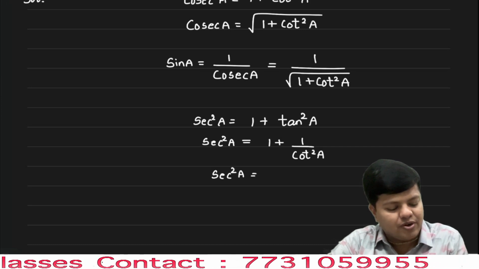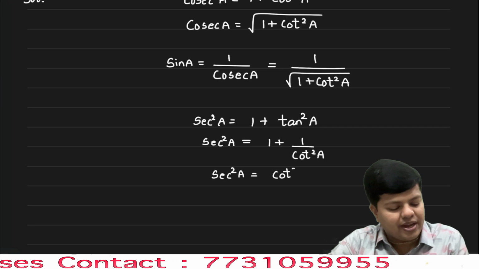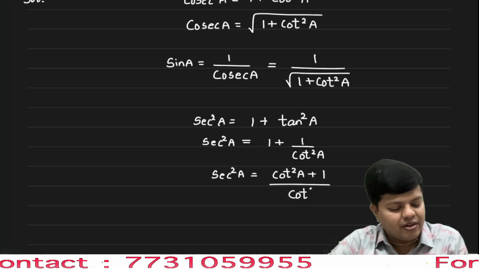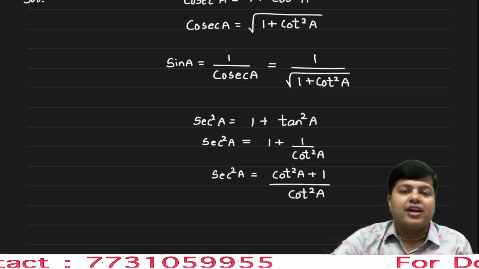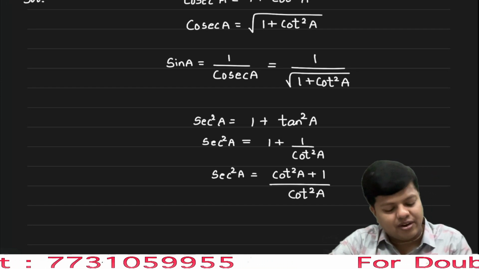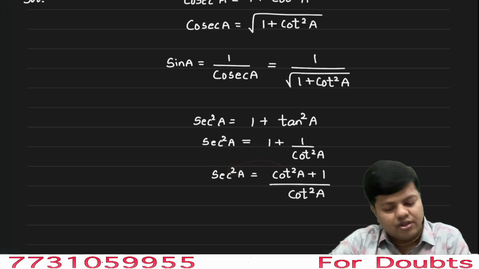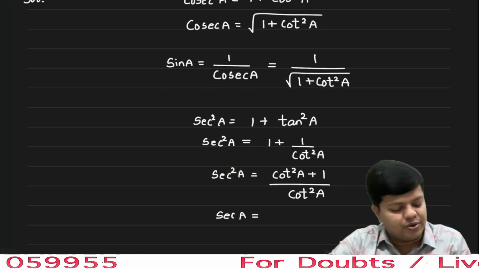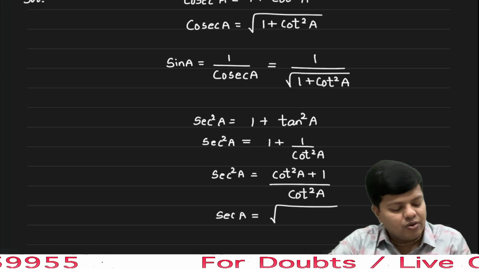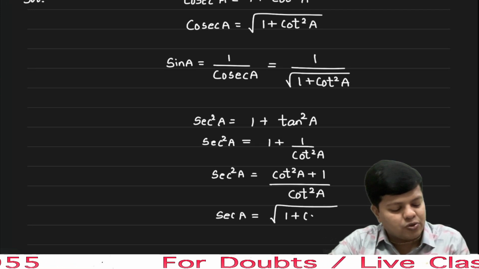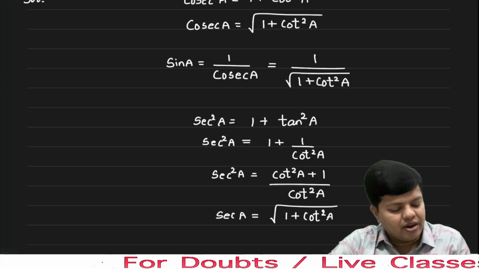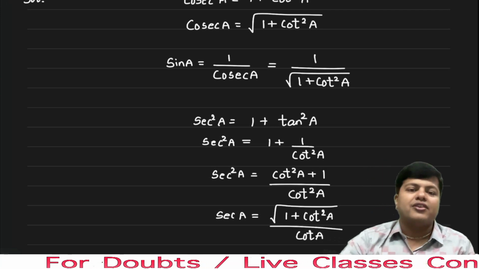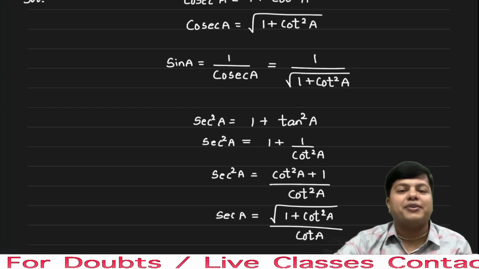Secant square A is equal to cot square A plus 1 by cot square A. Yes, sir. And the square on secant square A will go to the right hand side, it will become root. So what will it become? Secant A is equal to root, separate the top and bottom, student, 1 plus cot square A, and in the denominator, if we put root, the square will go, so cot A. You got secant A in terms of cot A.